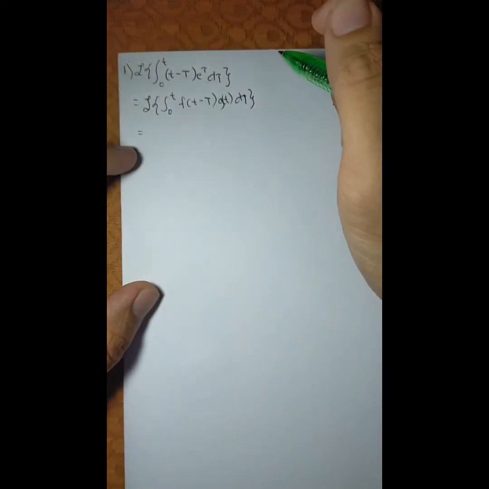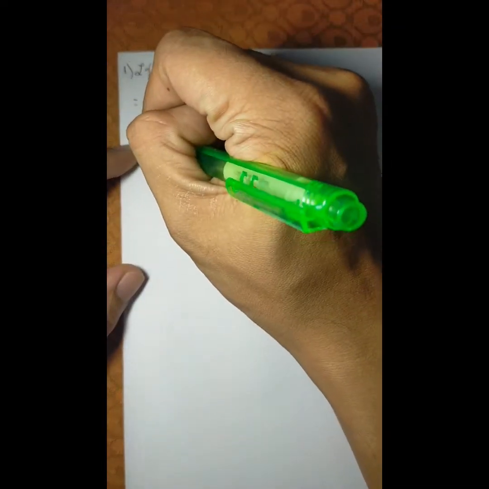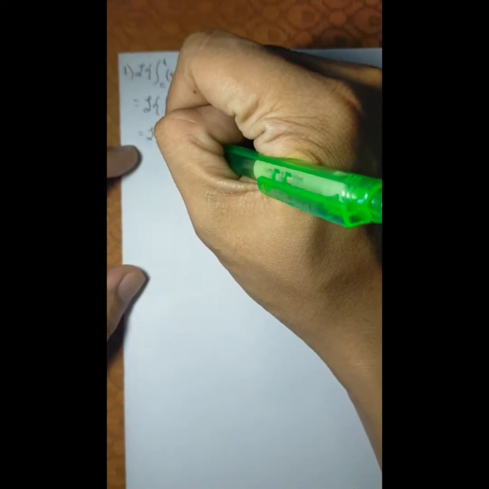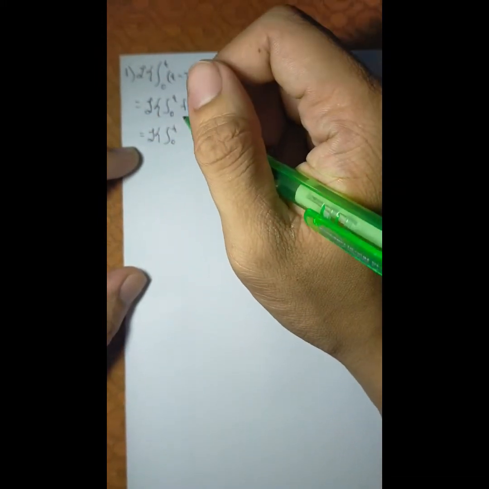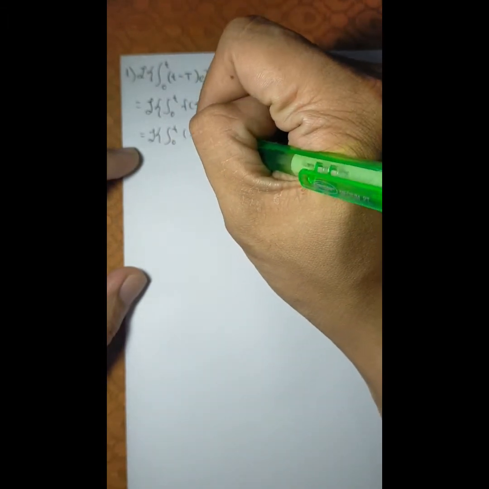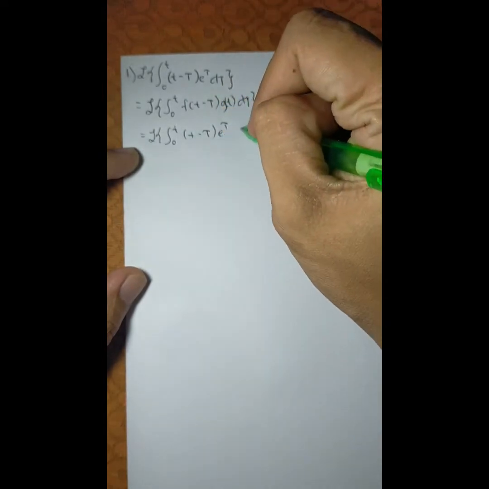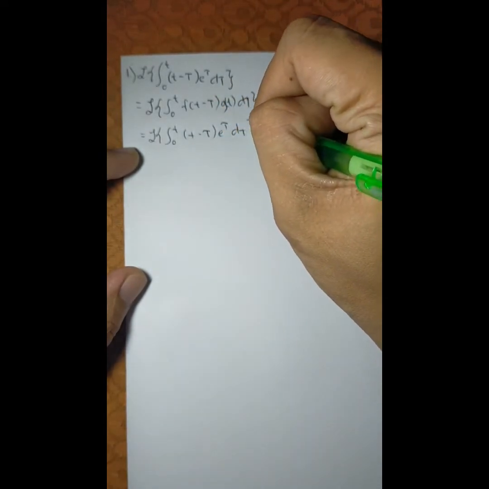And to plug in our equation, we have Laplace of integral from 0 to t of (t minus tau) times e raised to tau d tau.